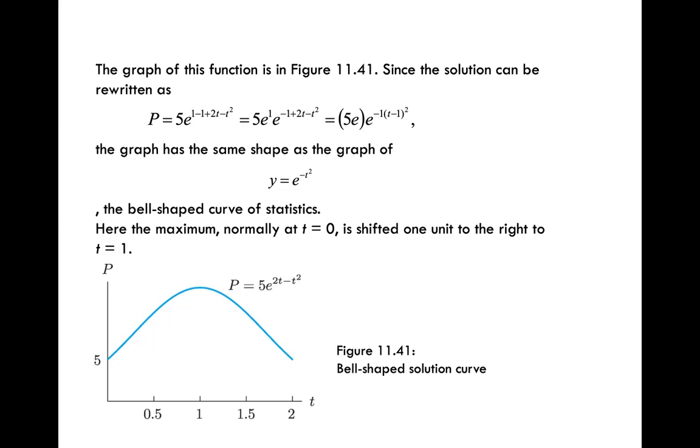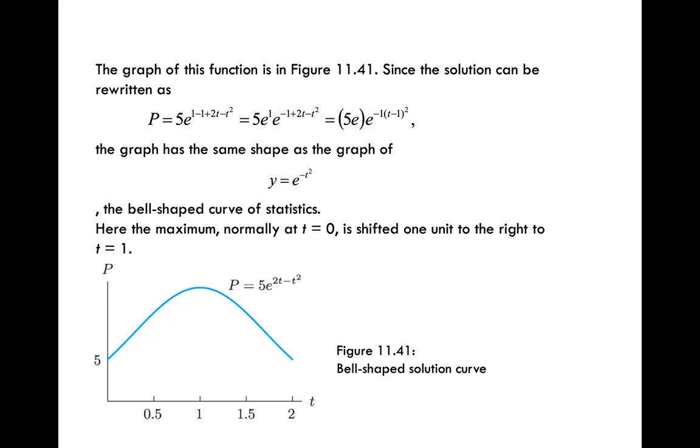Don't worry too much about how you do that. You normally wouldn't be asked to do that on a test, but as a demonstration here, we wanted to show, and with we, I really mean the book, because that's where this example is pulled from, that this looks like y equals e to the negative t squared.